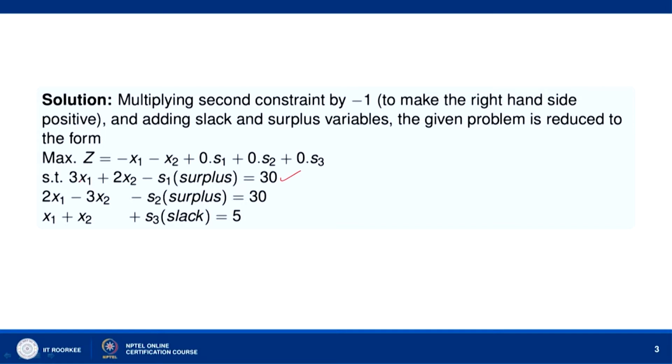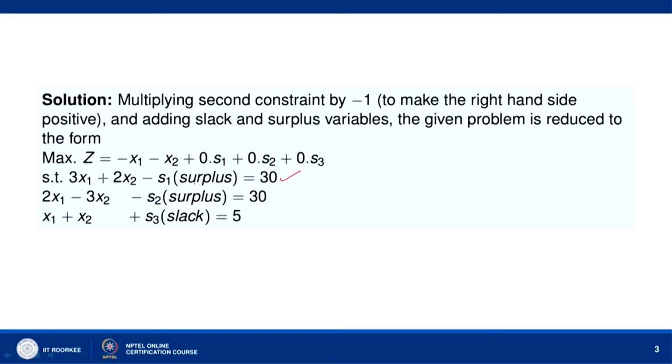Taking x 1 equal to 0, x 2 equal to 0, we get s 1 equal to minus 30, s 2 equal to minus 30 and s 3 equal to 5. So, s 1, s 2 are coming out to be negative, but the variables must all be non-negative in LPP.